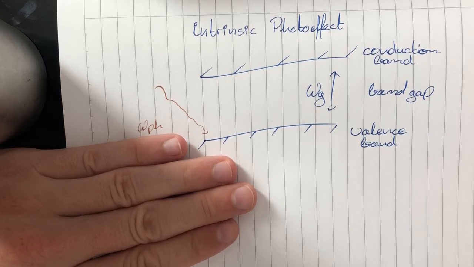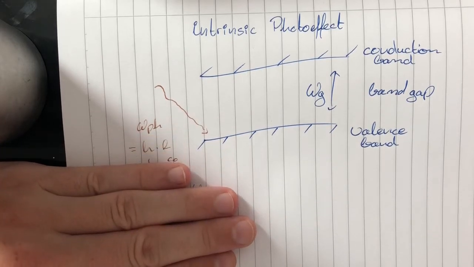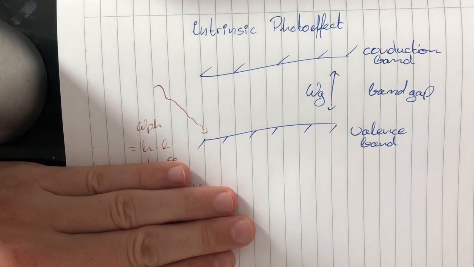The energy of the photons, Wph, can be calculated with the value of the Planck constant, a natural constant, multiplied with the frequency of the light.